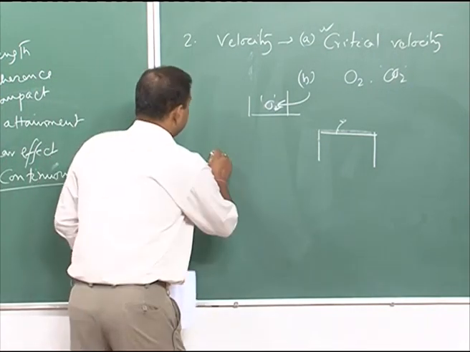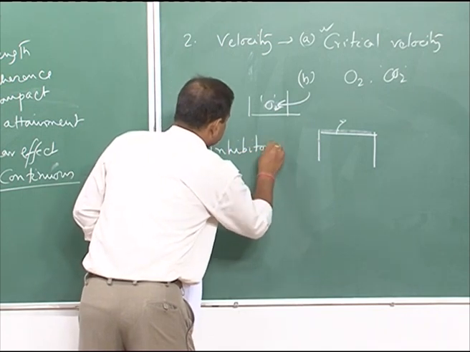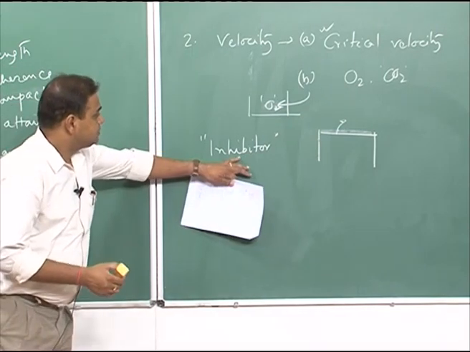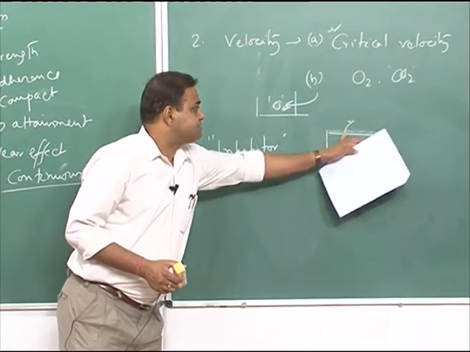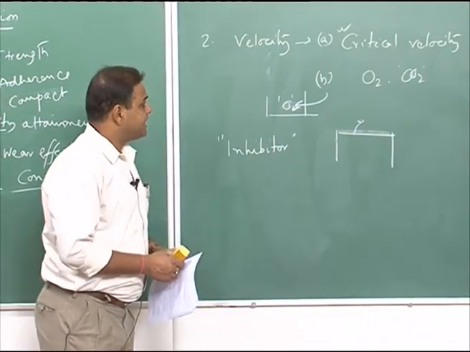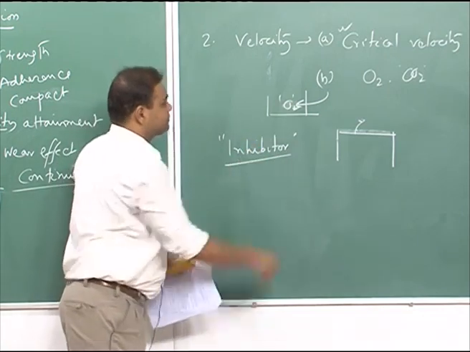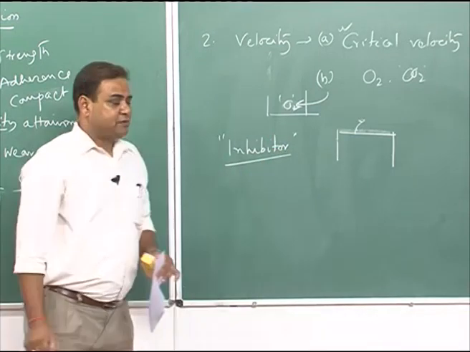For example, if we have an inhibitor added in the solution, that inhibitor can go to the section where the enhanced attack is going on. Because of the flow of the solution, the inhibitor can go there and stop the corrosion effect.